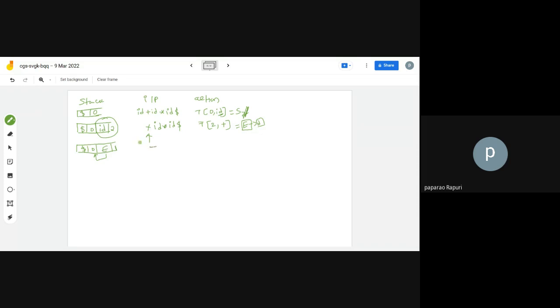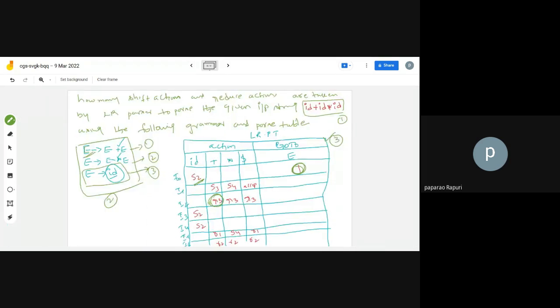After that again plus id star id $. So again the look ahead pointer is at plus. So now the top of the stack is T of 1 comma plus. So again go to table. So what we have to do?